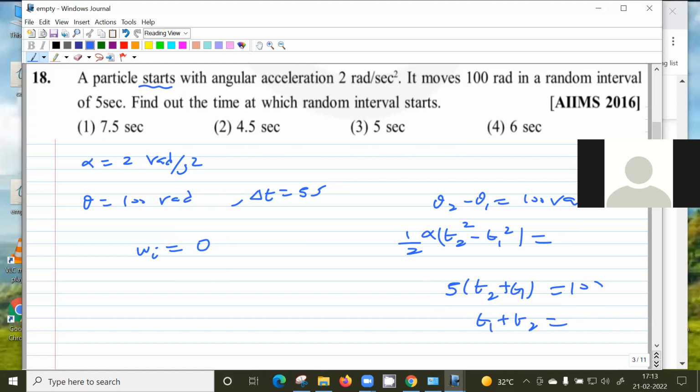So t1 plus t2 is 20 and t2 minus t1 is 5. From this I have to find t1, so I'll subtract these two. I'll get 2 t1 equal to 15, so t1 is 7.5.